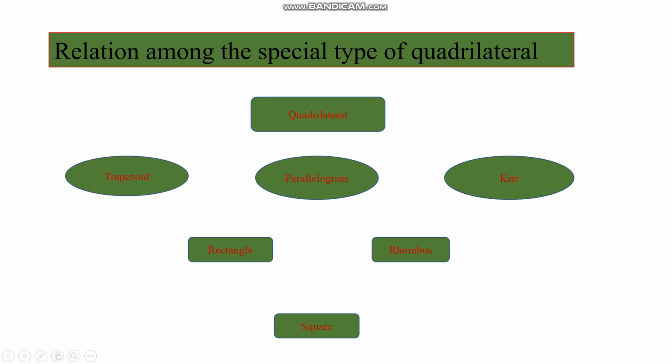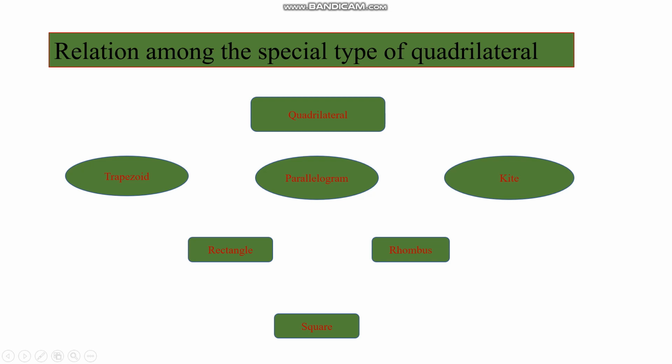That is why a square is also a parallelogram. But vice versa is not true. A parallelogram is never a rectangle, rhombus or square, due to not fulfilling the properties or criteria of the rectangle, rhombus and square.